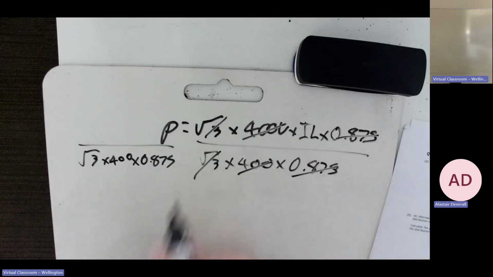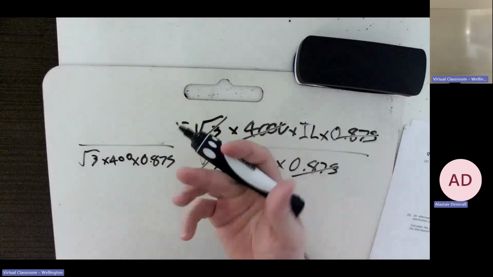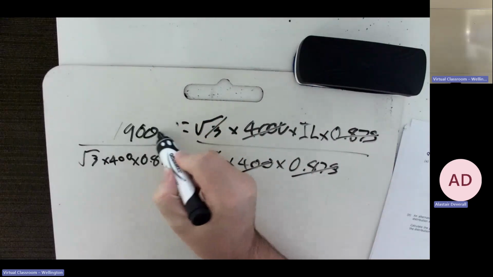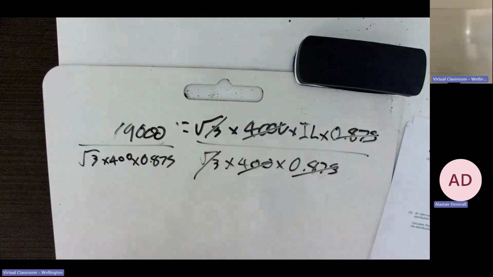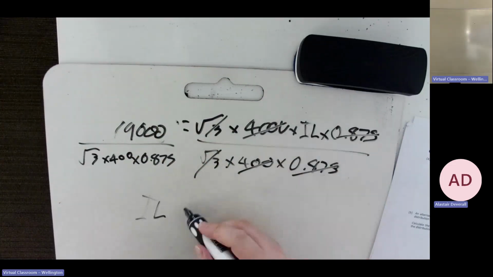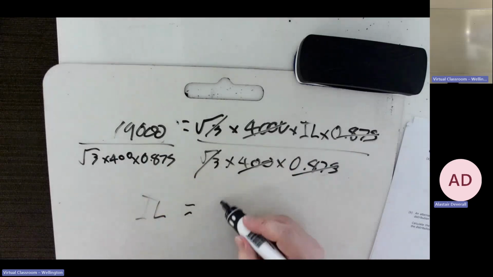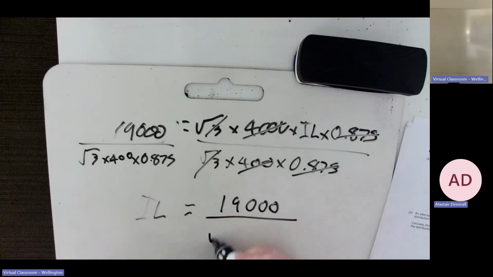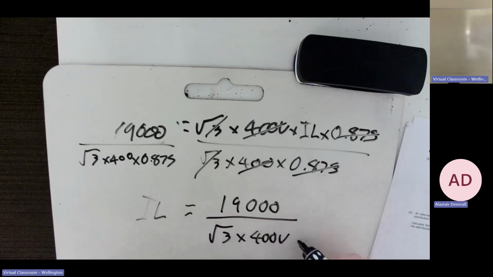So we end up with P, which is 19,000. So I line equals 19,000 divided by √3 times 400 volts times power factor, which is 0.875.